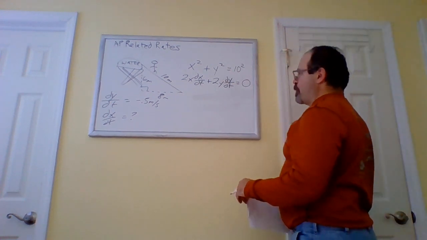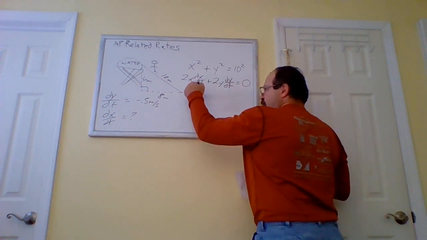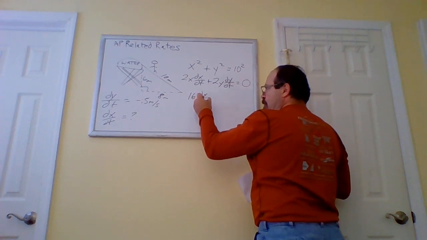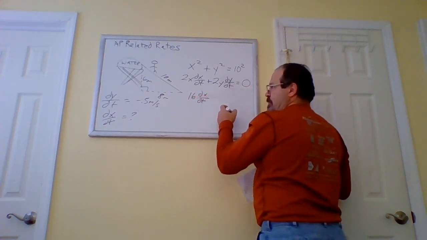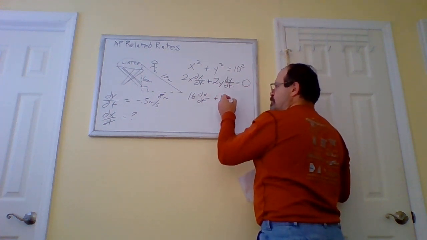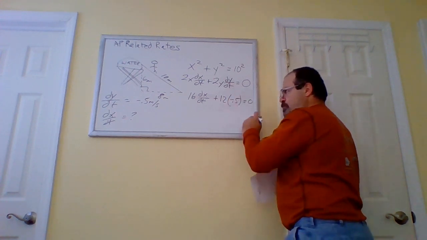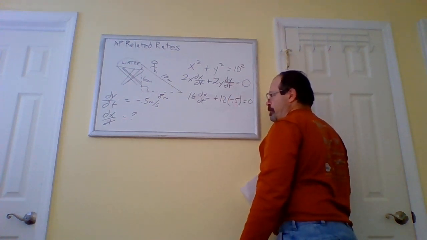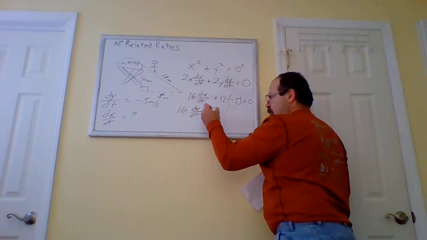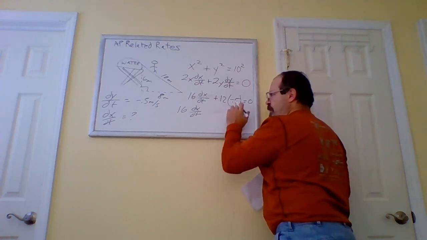All right, and now plug in what you know. We know x is 8, so 8 times 2. We don't know dx/dt. We know y is 6, and we know dy/dt is negative 0.5. All right, so what do we get? I get 16 dx/dt equals plus, no, it wouldn't be plus, would it?